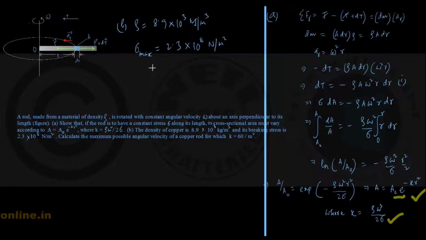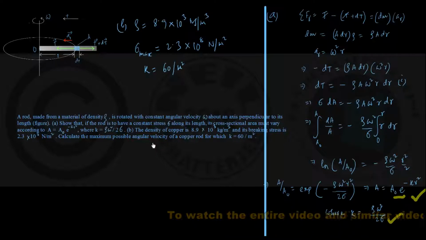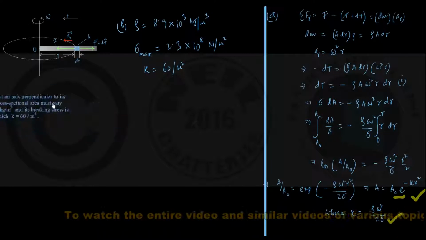And also for copper they have given the value of K already defined earlier here in part A of the question. The value of K is 60 per meter square. You already have verified this unusual unit of K at the beginning of the problem. So what is the maximum permissible angular velocity of a copper rod as described in the figure on the left hand side?